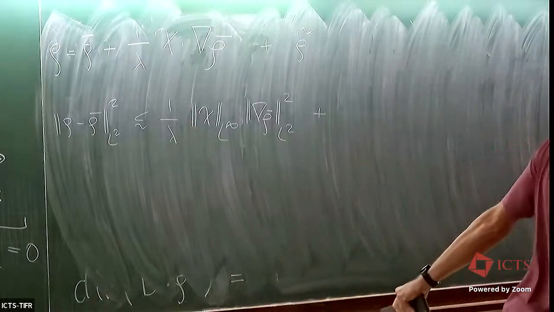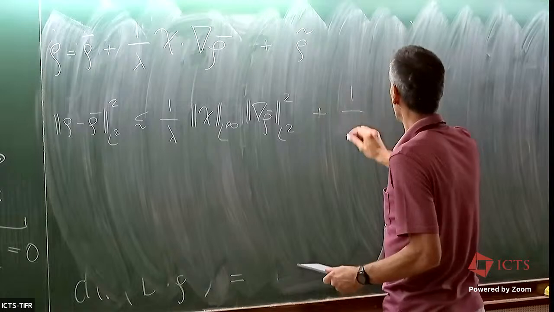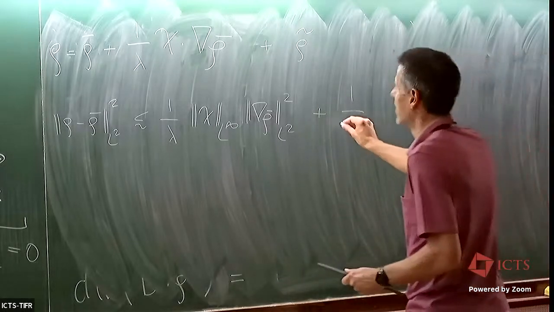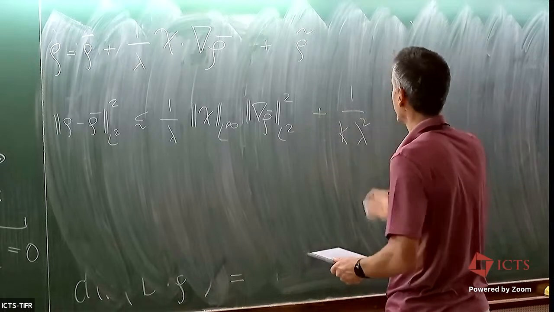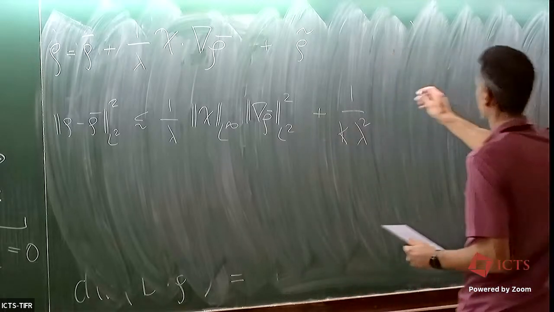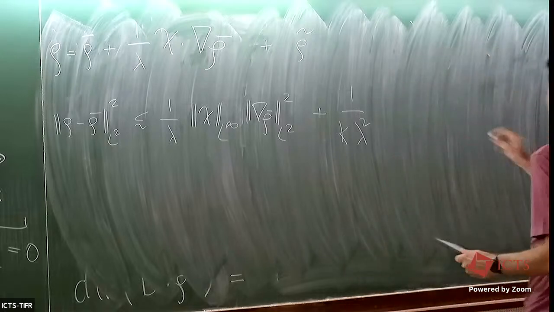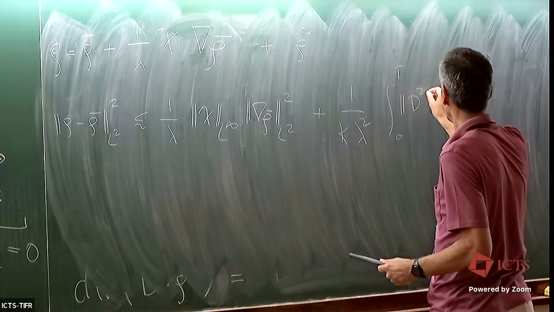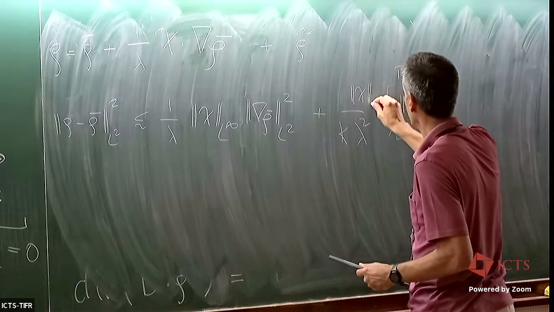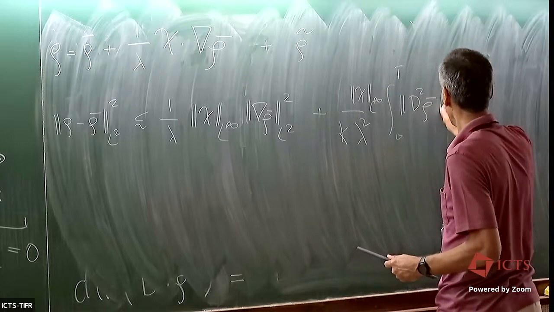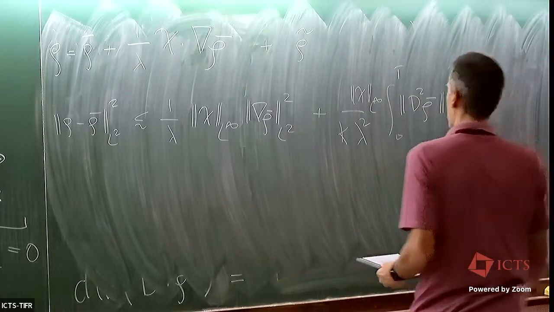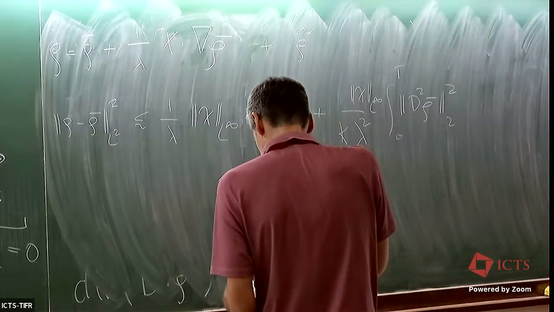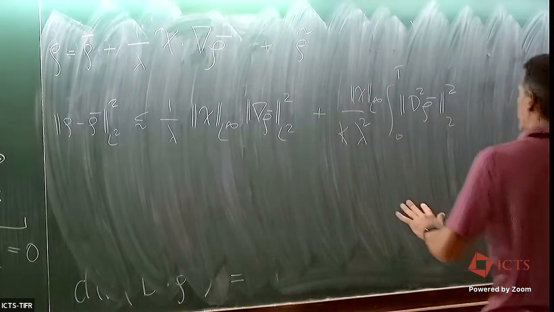So that one will give me 1 over kappa lambda squared, and then there's again chi L infinity, and then second derivative of rho bar. I think that's probably correct.